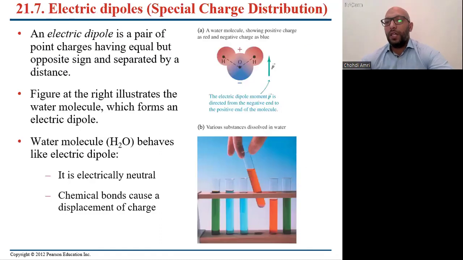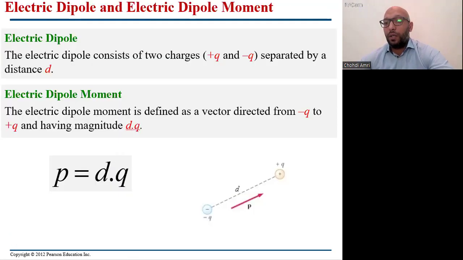What is the definition of the electric dipole? An electric dipole is a pair of point charges having equal but opposite sign and separated by a distance d. Let's see this configuration. So let's repeat the definition: the electric dipole consists of two charges, one positive, the second negative.